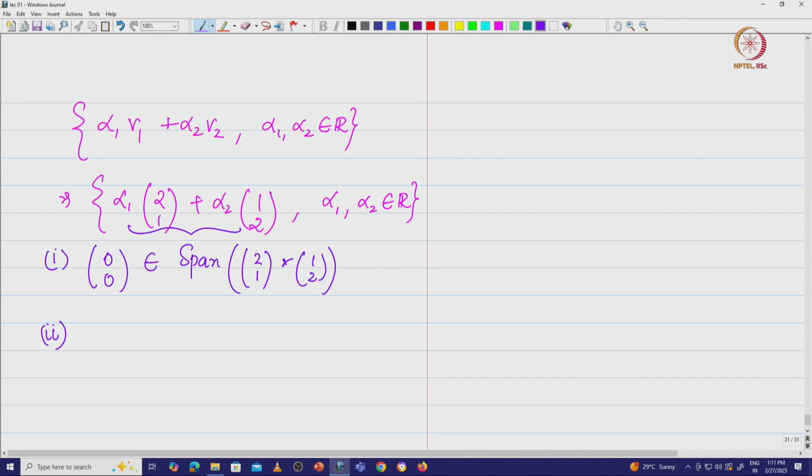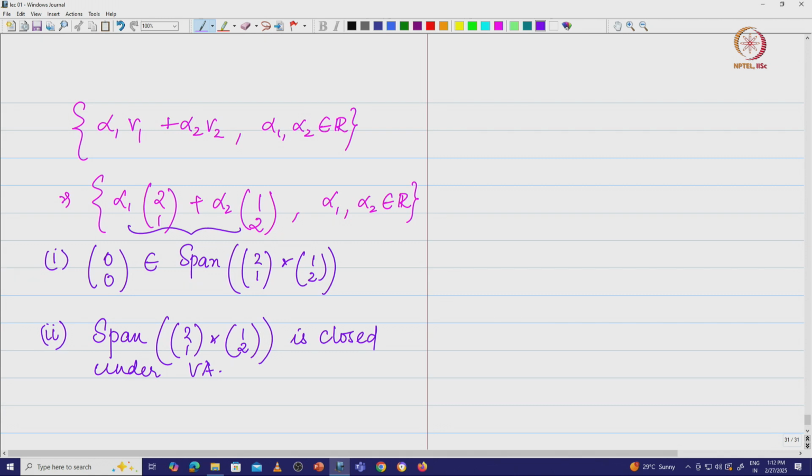It is again going to be in the span, because we have defined the span to be the set of all possible linear combinations. Therefore, the span of (2,1) and (1,2) is closed under vector addition, and any scalar multiple of (2,1) and any scalar multiple of (1,2) would still be in the span.